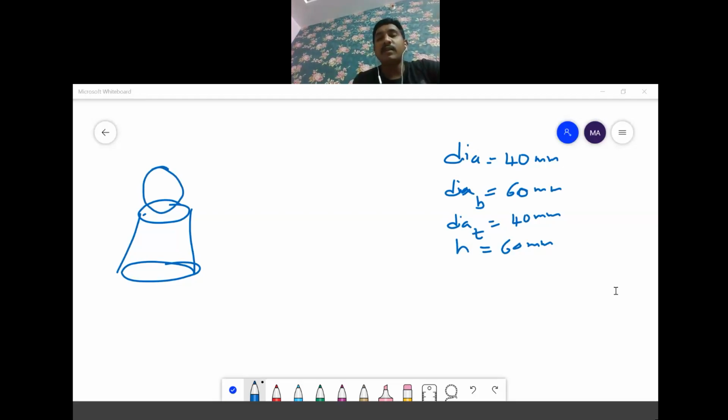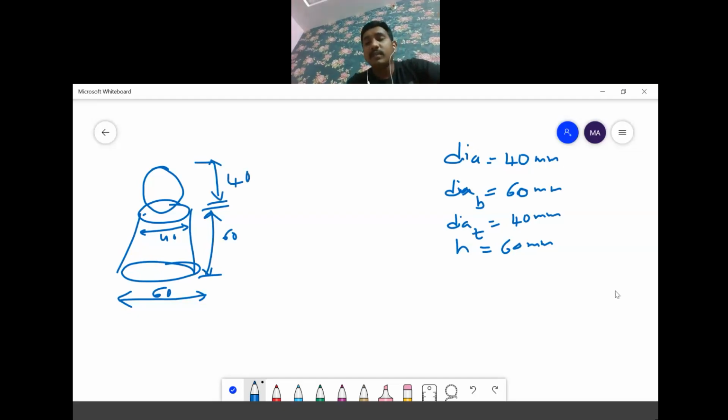Here he has given this diameter as 60 mm, this diameter as 40 mm, the height as 60 mm, and the diameter of this one as again 40 mm.